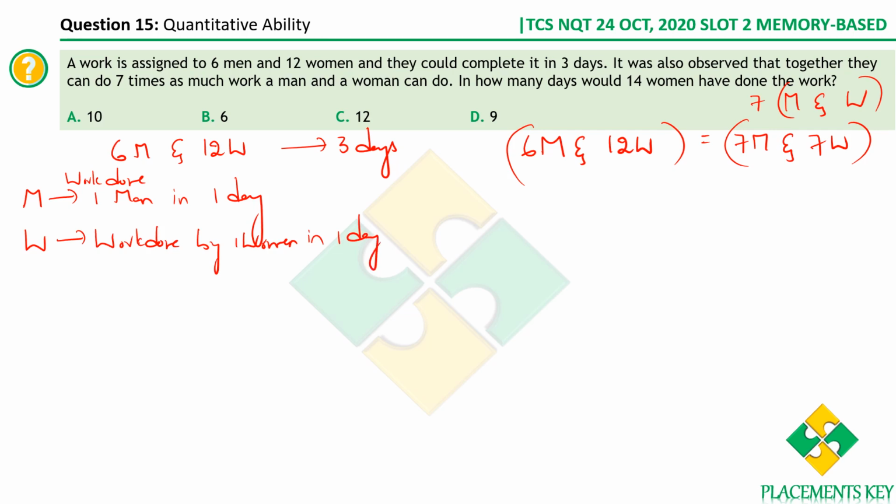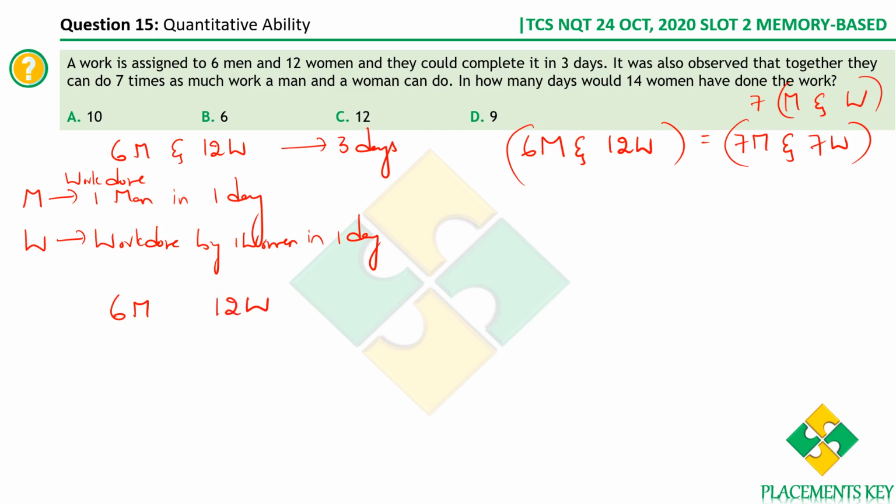Now if 6 men and 12 women are working for 3 days, the entire work gets over. If M is the work done by one man in 1 day, then 6 men do 6 units of work, and then 12 women will do how many units of work?